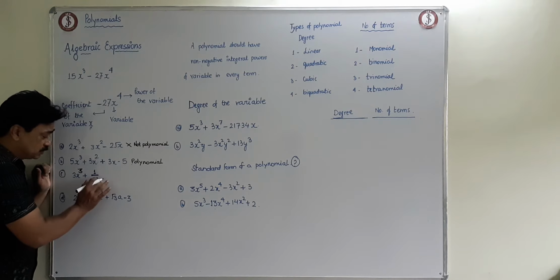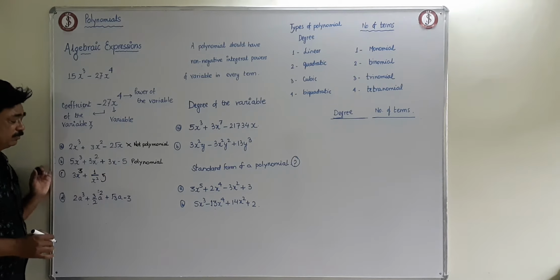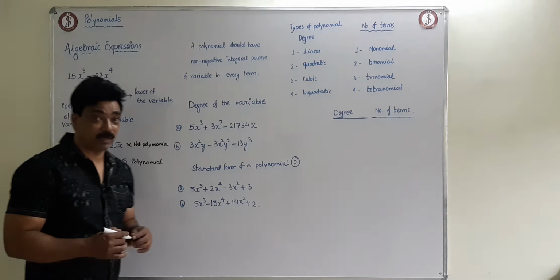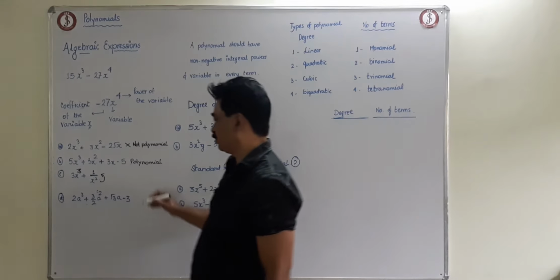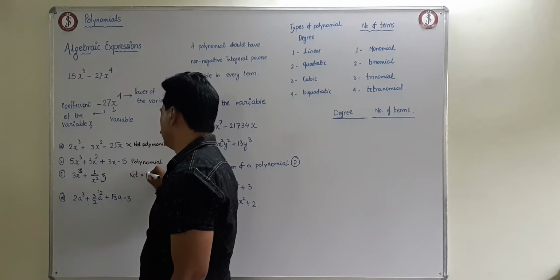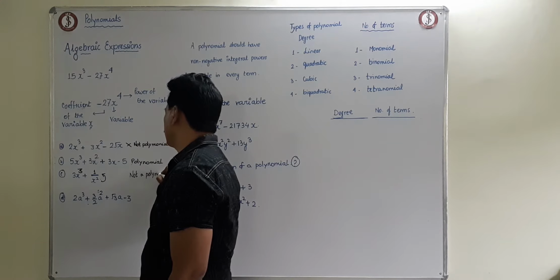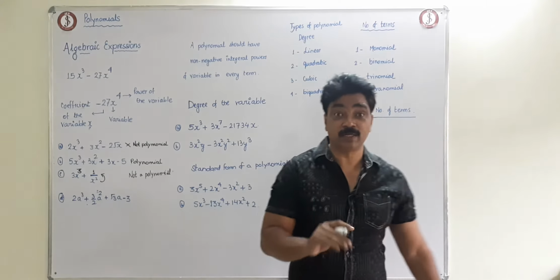But when x square is in the denominator and it comes up, it will be written as 3x cube plus x to the power minus 2. So that is a negative integer. So this is also not a polynomial. That means you are now understanding what a polynomial is. In a polynomial you have to check the variable's power, nothing else.